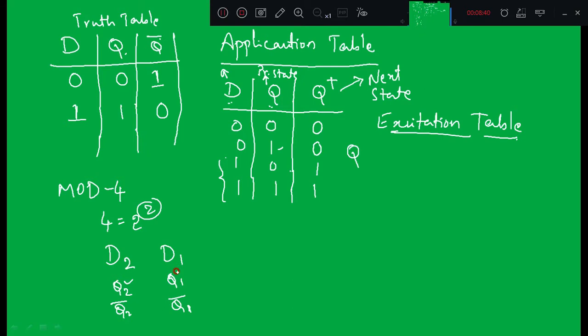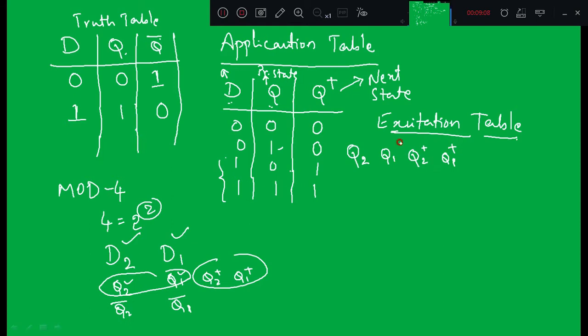So this Q2 and Q1 will act as previous state values, and Q2 plus and Q1 plus will act as next state values. These two sets of values are going to act as inputs to decide the values of D2 and D1, right? So in this excitation table, we are going to take the previous values and next state values, Q2 plus and Q1 plus.